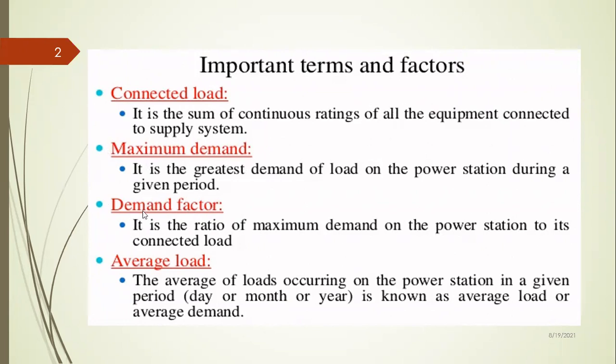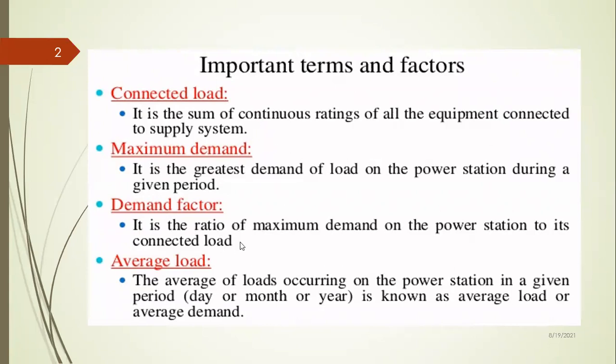And next is the demand factor. Using these two definitions, or by using these two calculations, we are now going to check our first formula, that is the demand factor. Demand factor is the ratio of maximum demand on the power station to its connected load.